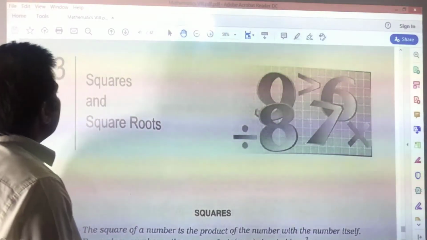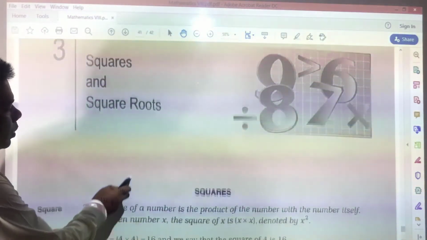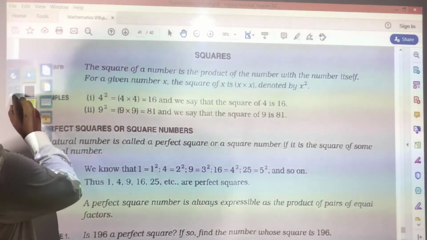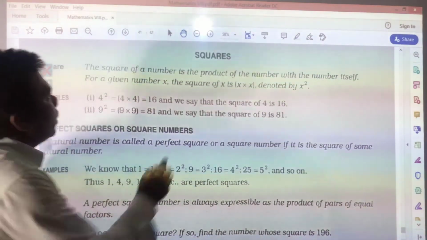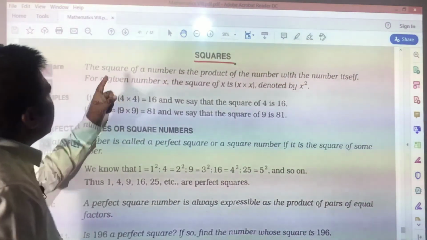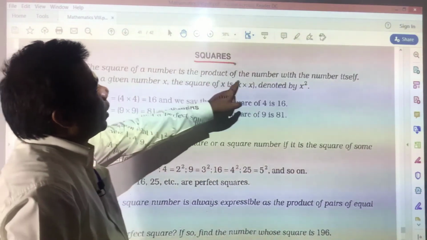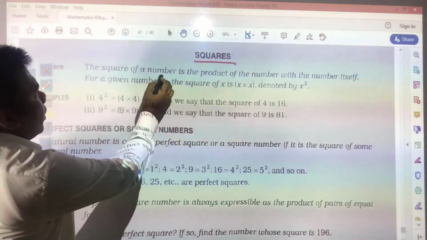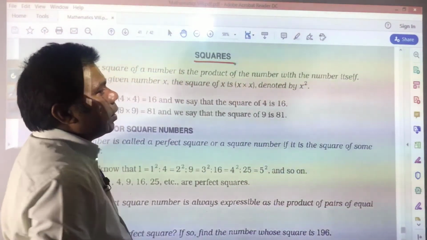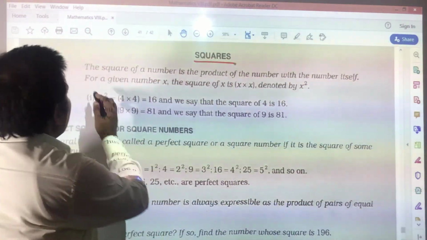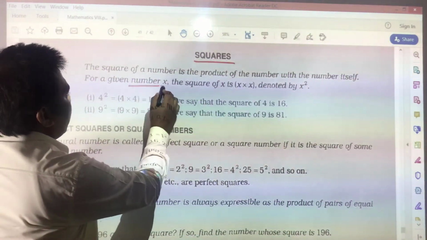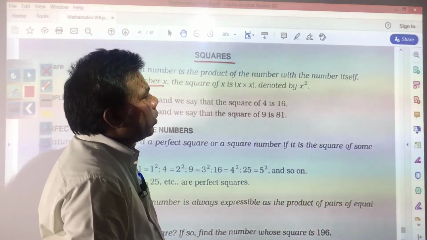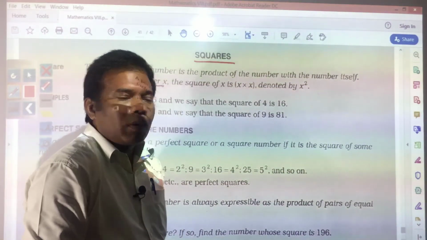Here you have squares and square roots. The square of a number is the product of the number with the number itself. For a given number x, the square of x is x into x, denoted by x square.